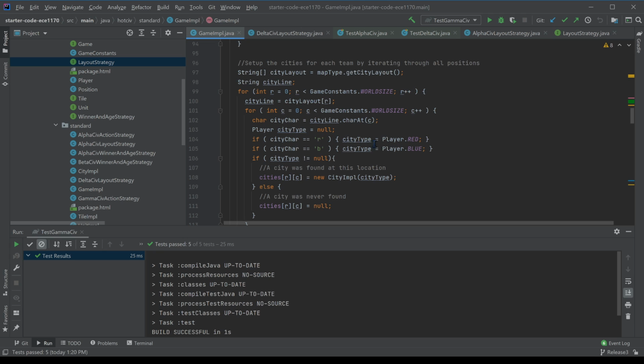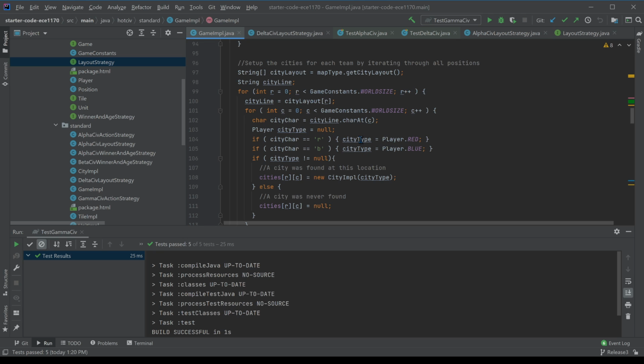If it was R, then there was a red player there, and if it was B, then it's a blue player there. And if this city type by this stage has been overwritten by a player, then the game knows to put a city there of that player.